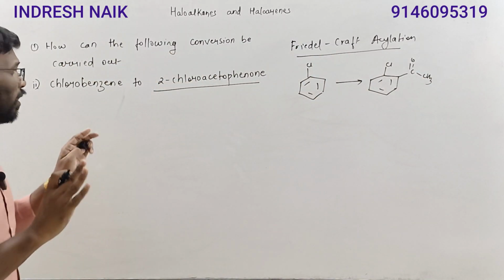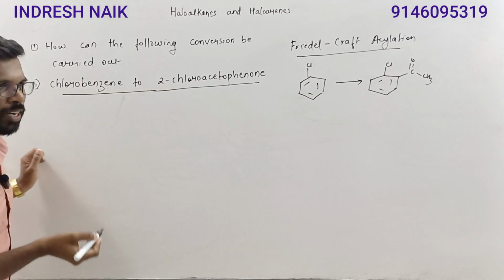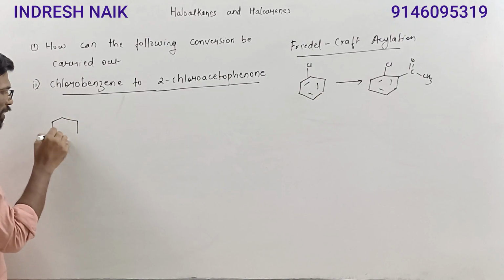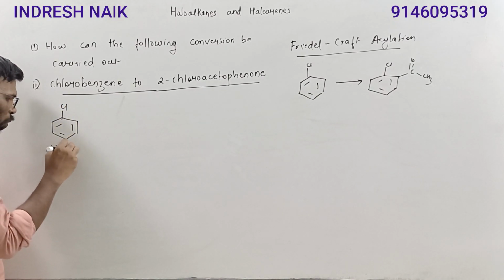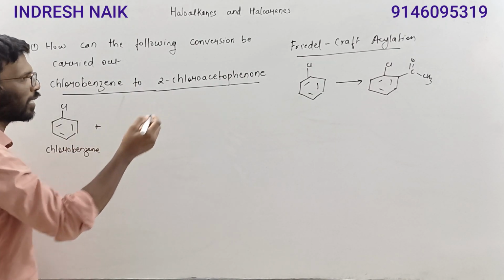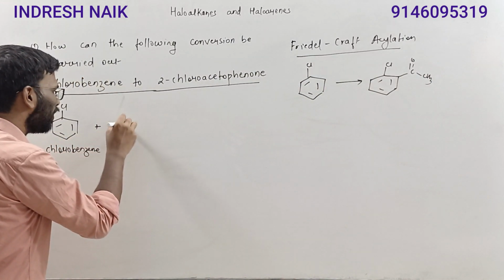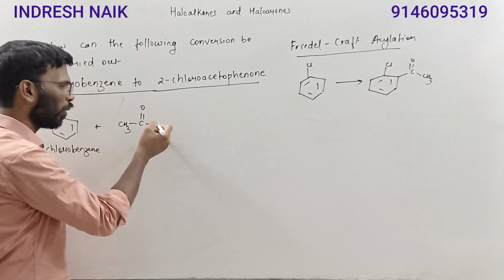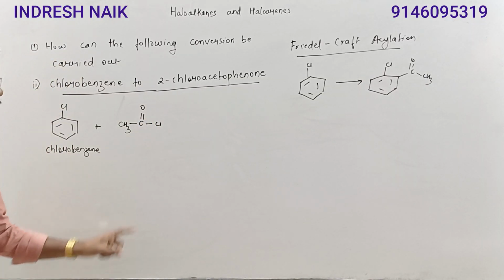This whole reaction is a game of Friedel-Crafts acylation. Now I'll write the reaction. This is chlorobenzene, and you react it with the acyl part, CH3 C double bond O. This is the acyl halide, also called acid halide, with chlorine connected over here.